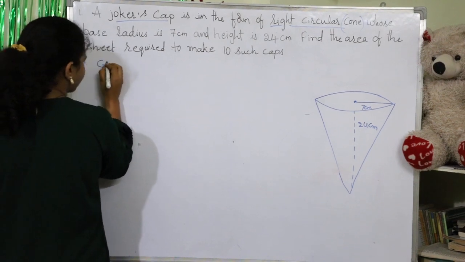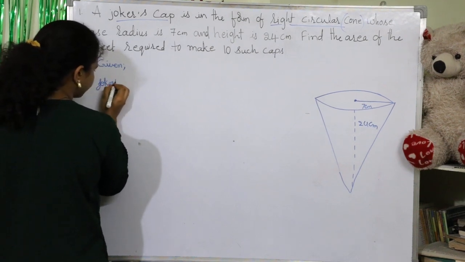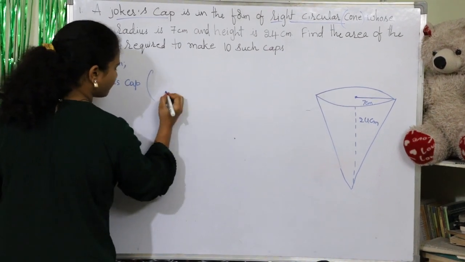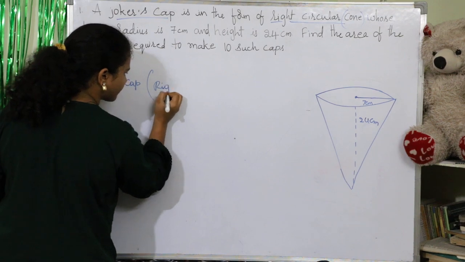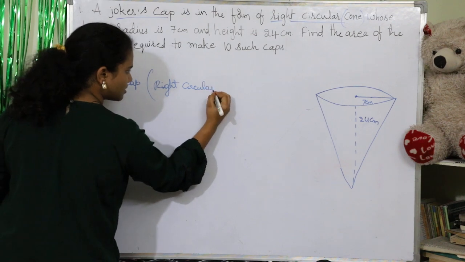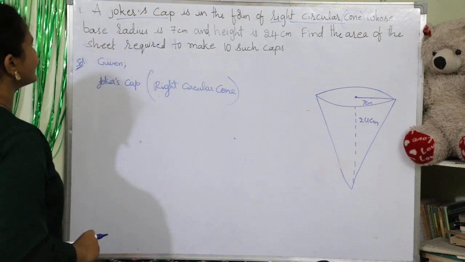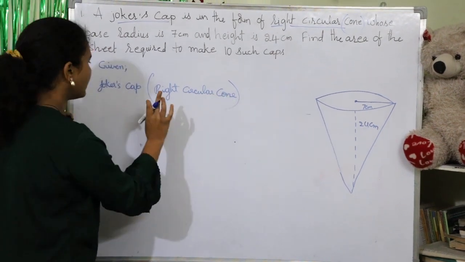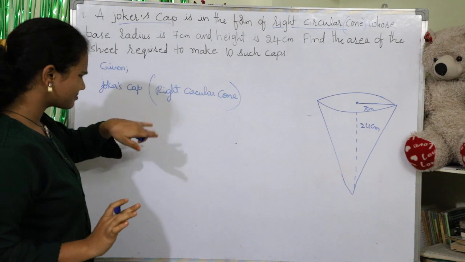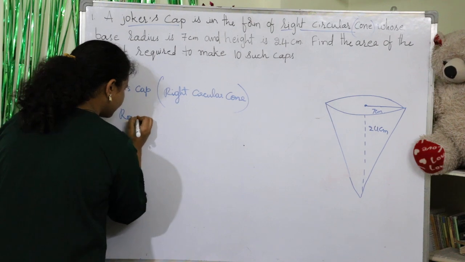The given data is: you have a joker's cap in the form of a right circular cone, whose base radius is 7 centimeters.